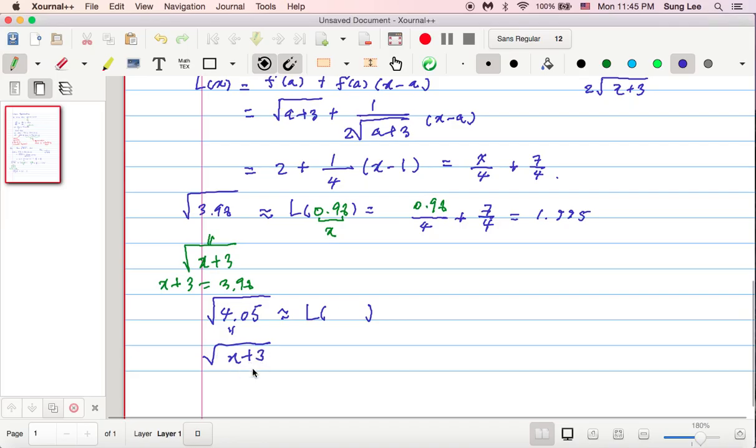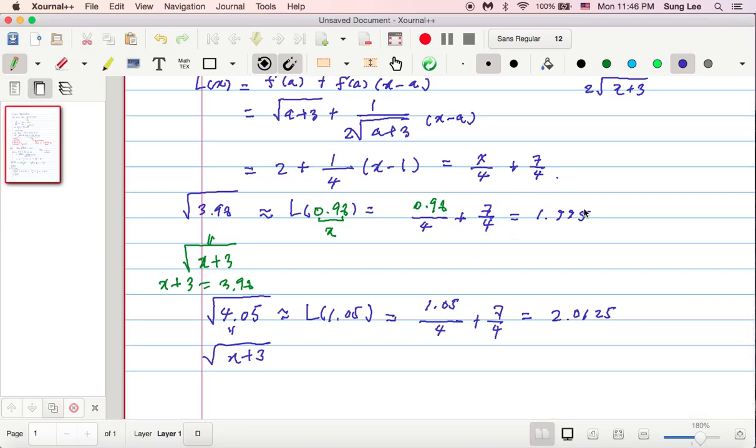In other words, x plus 3 has to be 4.05, so x has to be 1.05. So that equals 1.05 divided by 4 plus 7 over 4, and that's going to be 2.0125. Okay, so it's not bad.